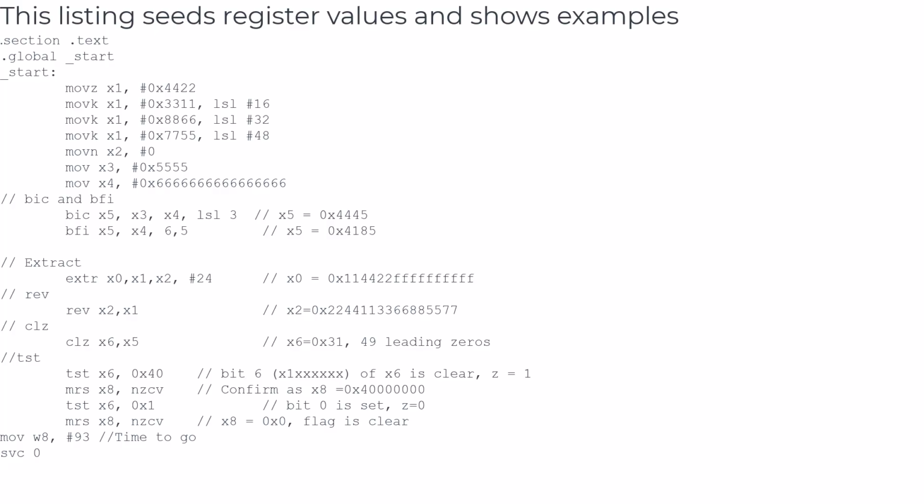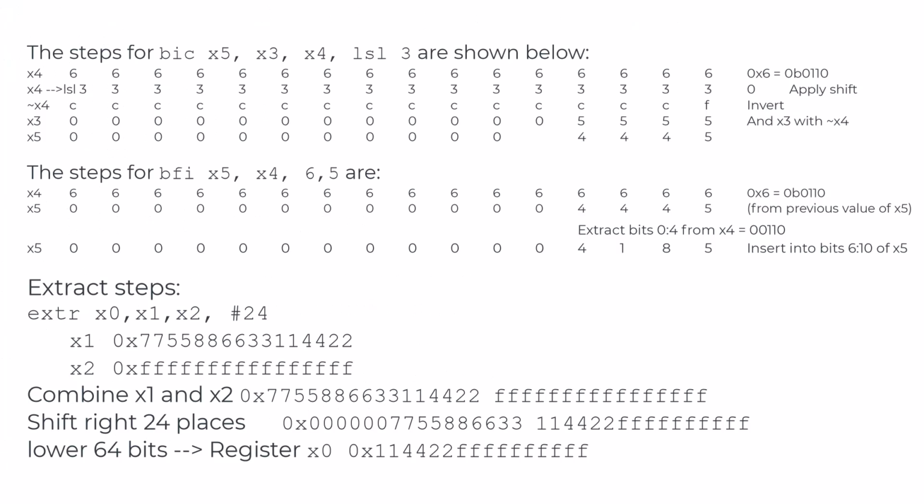So it's a great way of testing your understanding. The listing shows the results in the comments. The steps are shown here, and you should be able to follow these without too much of an issue.